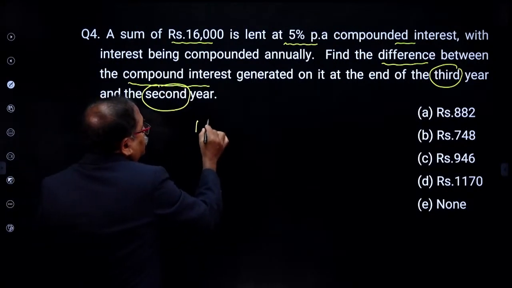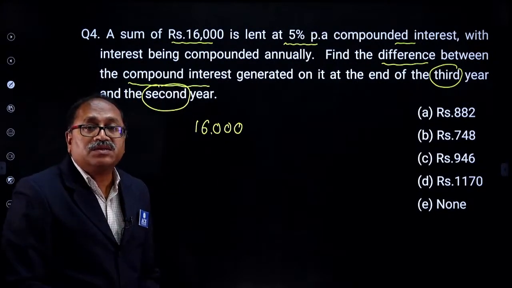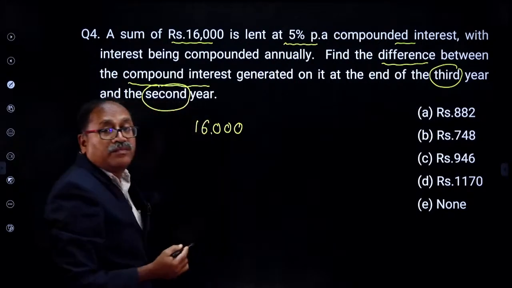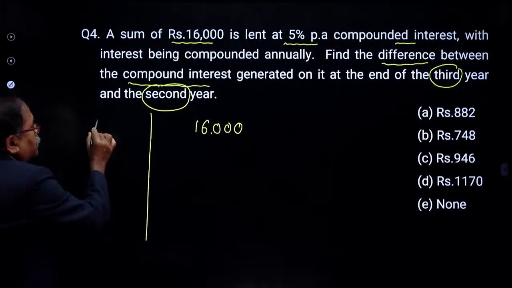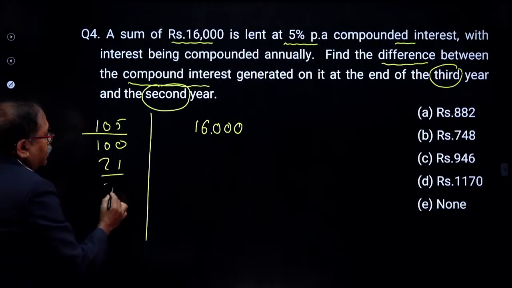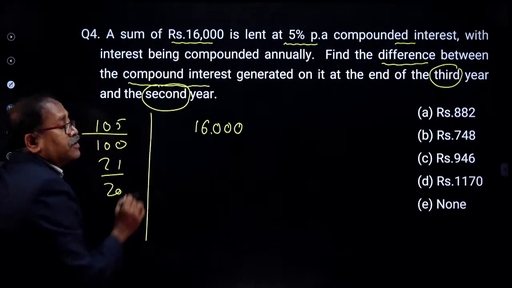16,000 is the principal, right? And how much is the interest over here? That is 5% per annum. So how do you take this 5%? 105 by 100, which is nothing but 21 by 20. And for how many years? First I will take 2 years.